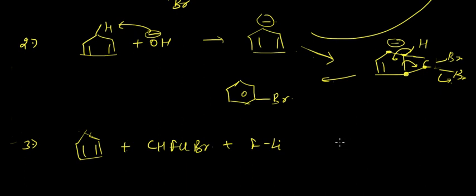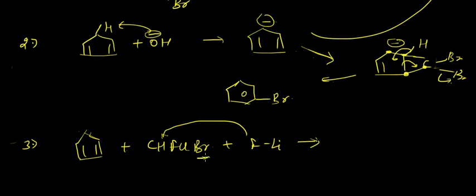So what will happen in this reaction is, obviously, the base will be attacking the hydrogen atom attached to the carbon atom, and which of the groups will be leaving?